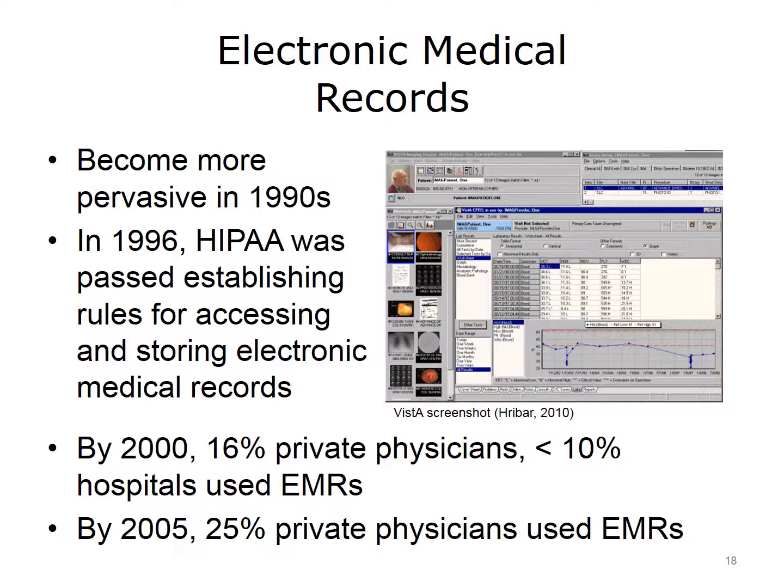HIPAA, which is the Health Insurance Portability and Accountability Act, enacted in 1996, included provisions for establishing standards for electronic medical records. In 2000, only 16% of private physicians and less than 10% of hospitals used EMRs. By 2005, 25% of private physicians used EMRs, and the number has since been increasing.